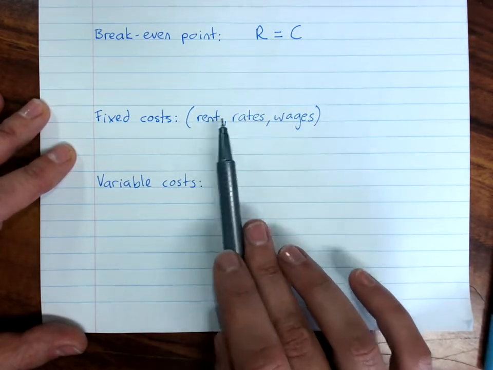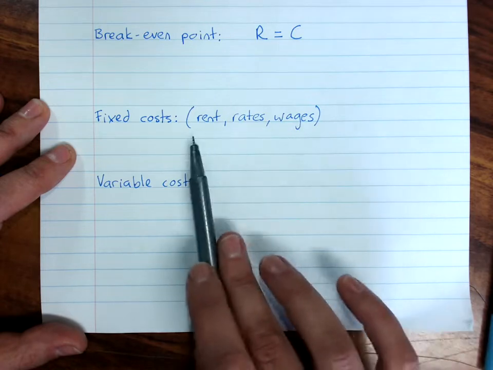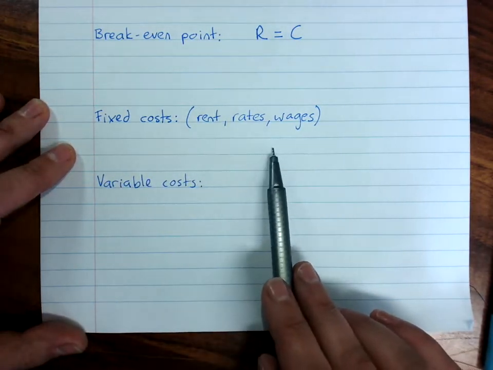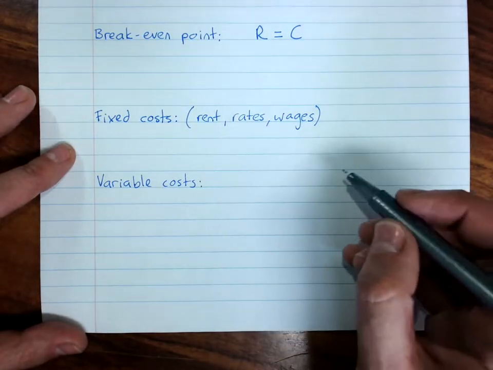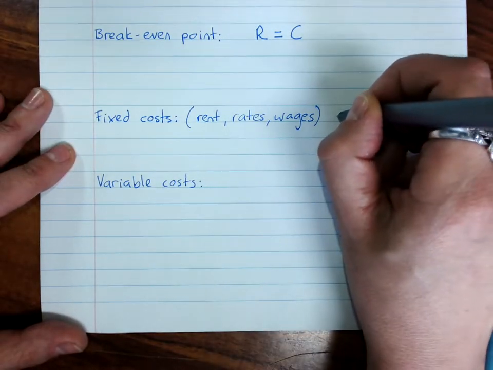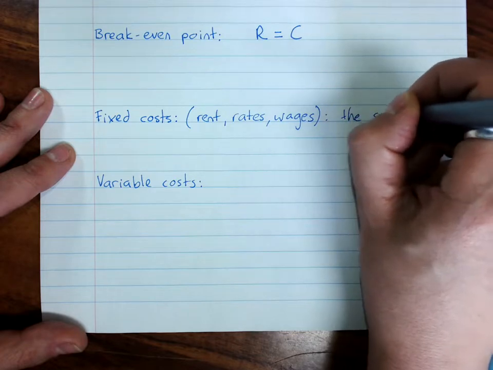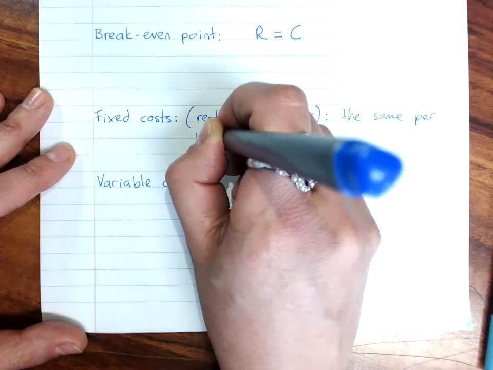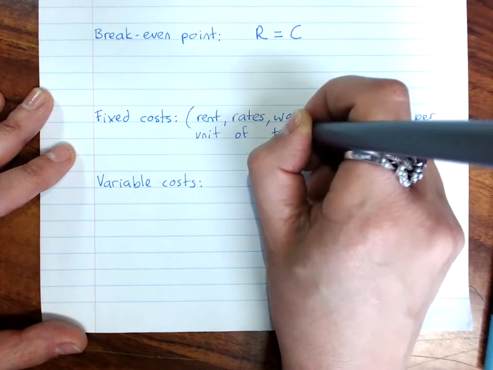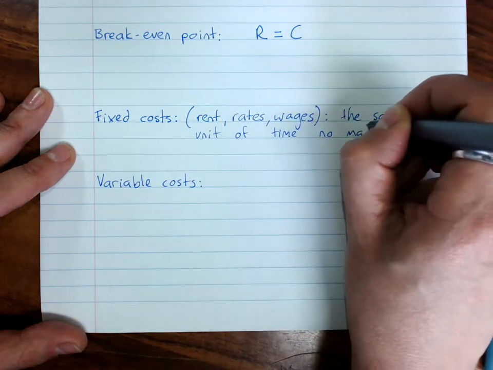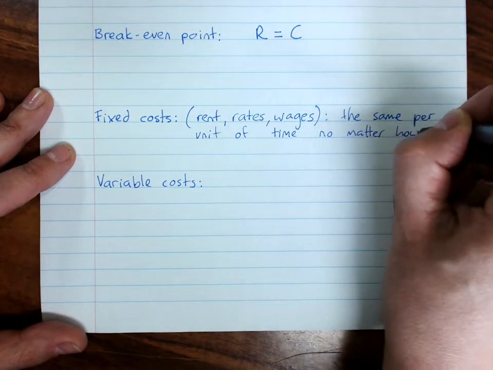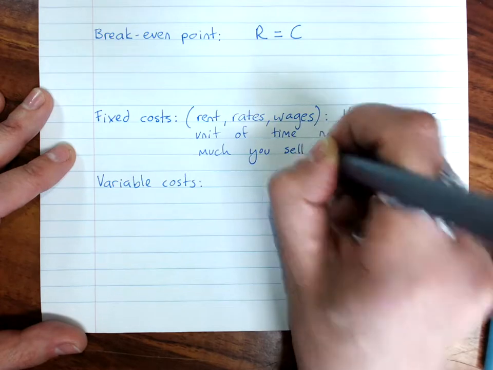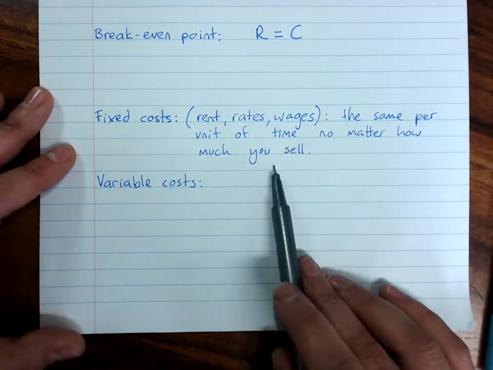We won't usually ask you to add all the different sorts up. We'll just say this business has fixed costs of this much, and it's that much every week. So fixed costs are the same per unit of time, no matter how much you sell.